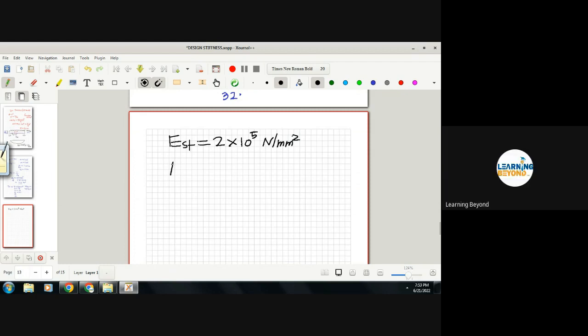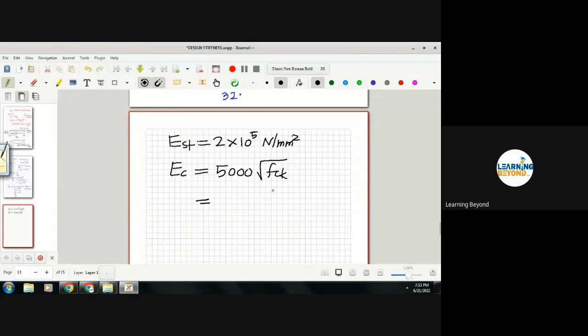Does anybody know the modulus of elasticity of concrete? It is around 1 by 10 to 1 by 15 of that of steel. As per the code, there is one empirical formula, 5000 root fck.